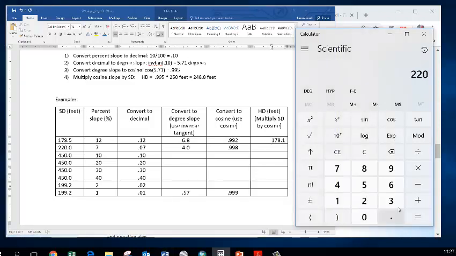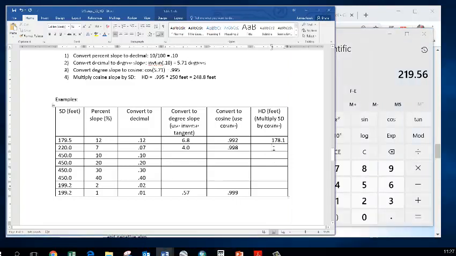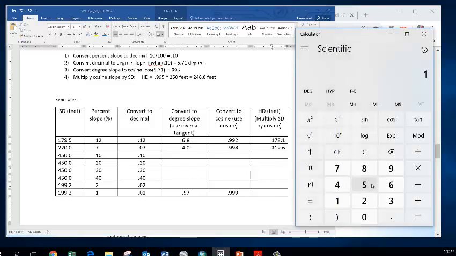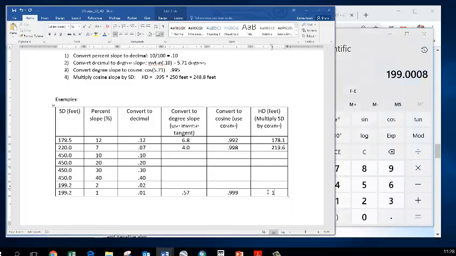220 feet times 0.998 is 219.6. So it's a half a foot difference. 199.2 times 0.999 equals essentially the same thing. 199, 2/10 of a foot difference.